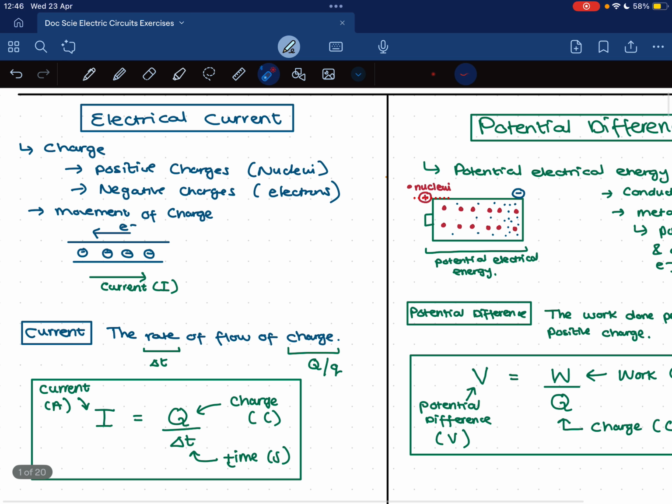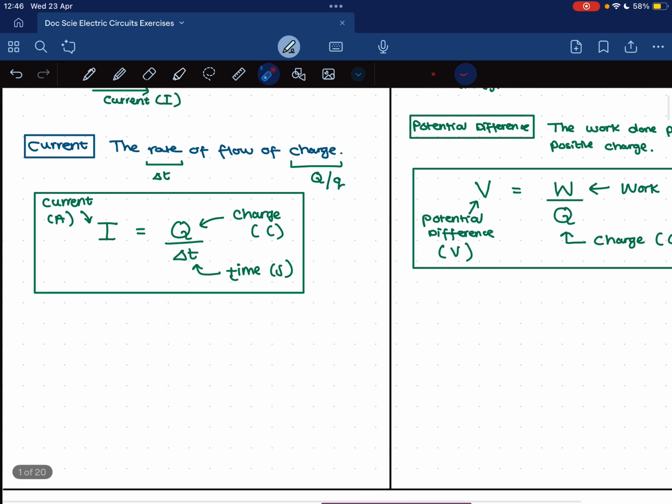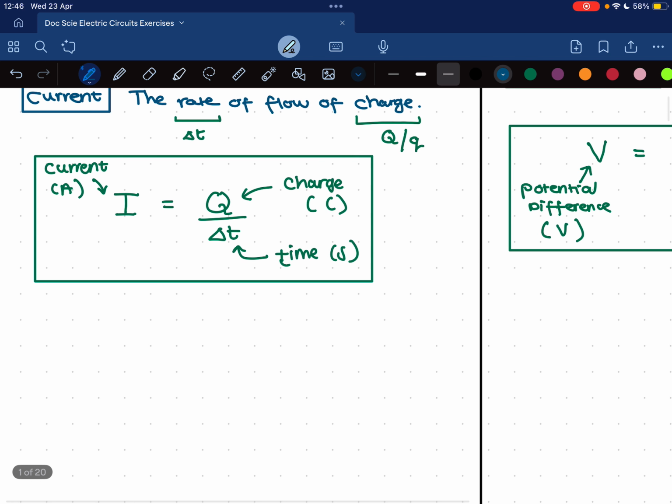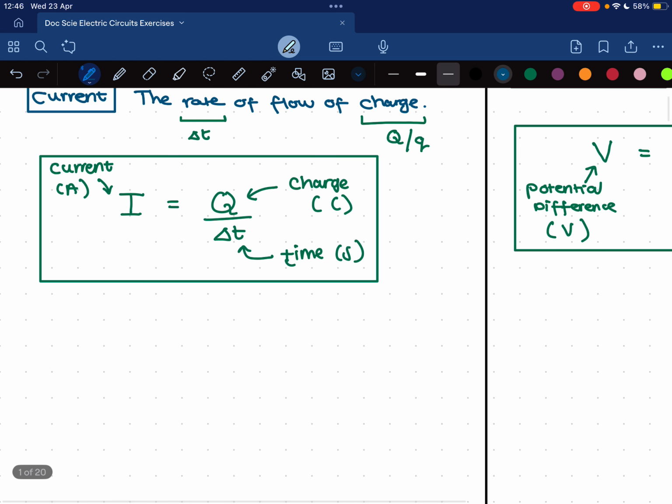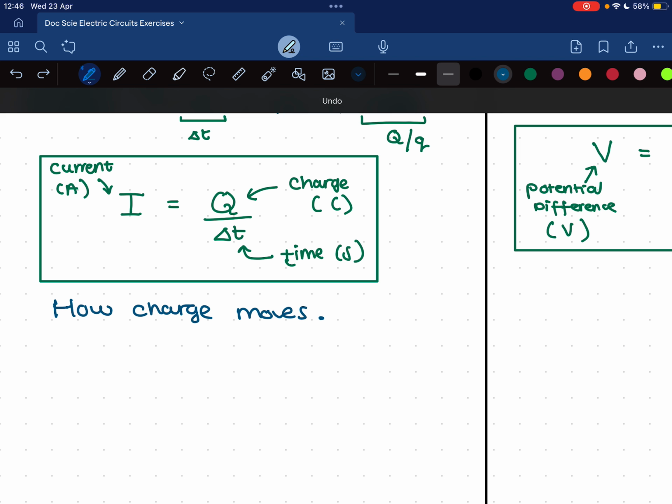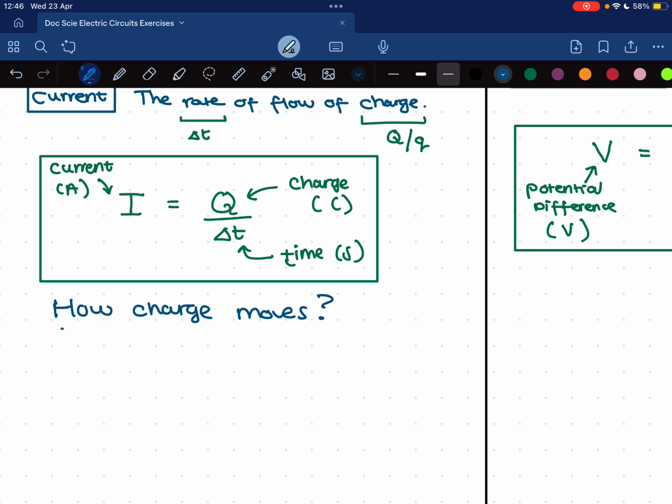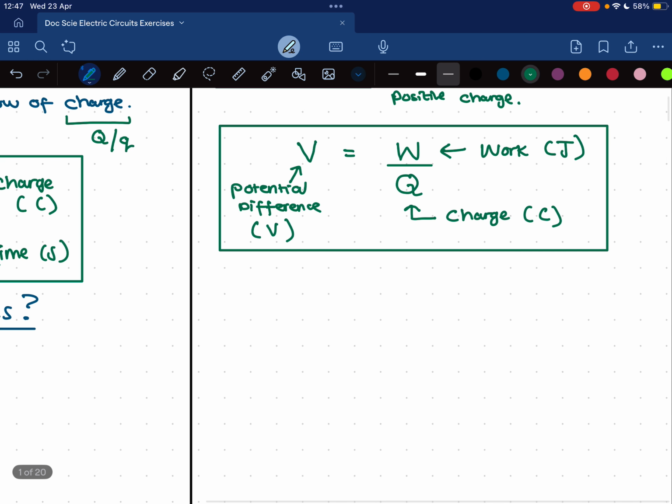So essentially, electrical current is rather how charge moves. That is the question electrical current is answering: how charge moves. And potential difference answers the question of why charges can move.